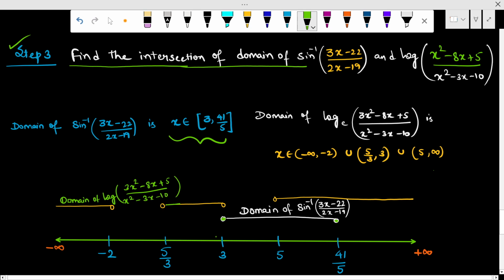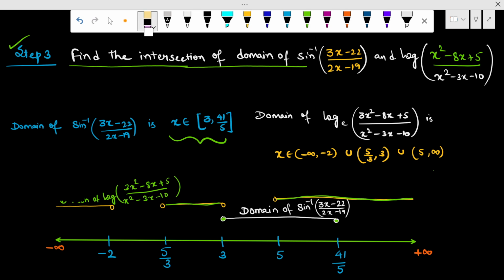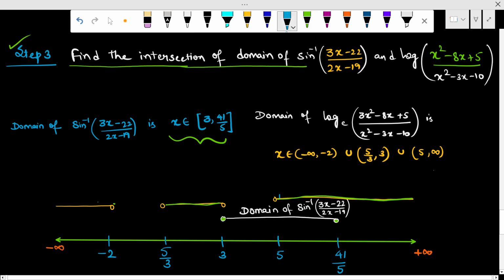These lines are the domain of the log function, right? What we need to do here is we need to find the intersection between them. You can clearly see here that this is the intersection. This is the intersection part, right?